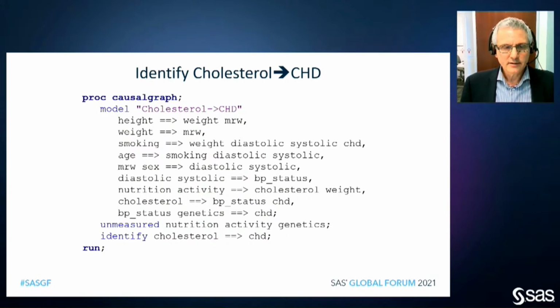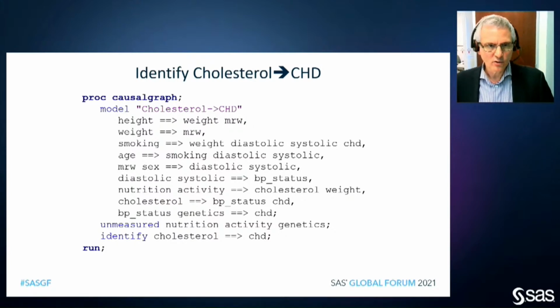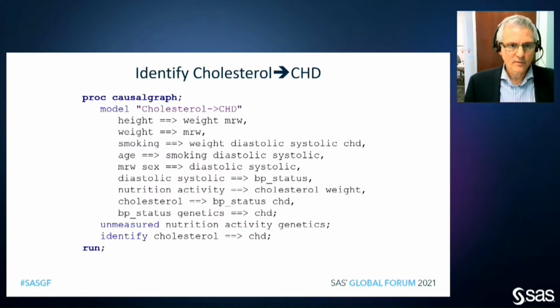For example, height, and then an arrow to the two variables that are children of height, weight and MRW. And we do this on and on until we have mapped out our entire DAG. You can specify multiple nodes on the left or the right of the arrow. It's important to separate them by commas and only one semicolon at the end of the statement.